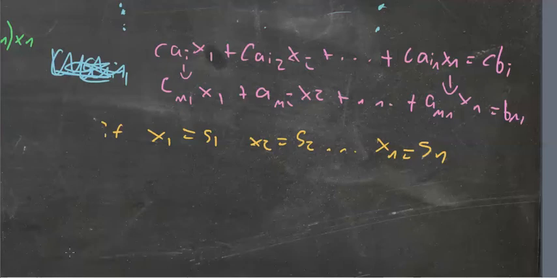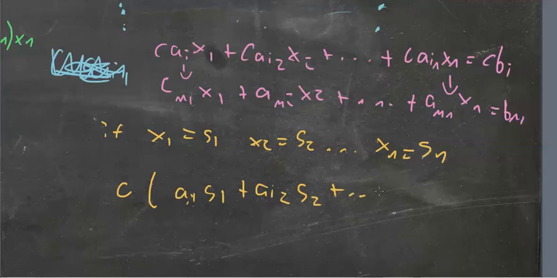For the ith equation, you would take the constant out, and then you get a_i1 s1 plus a_i2 s2 plus any arbitrary a_in sn equals c b_i.